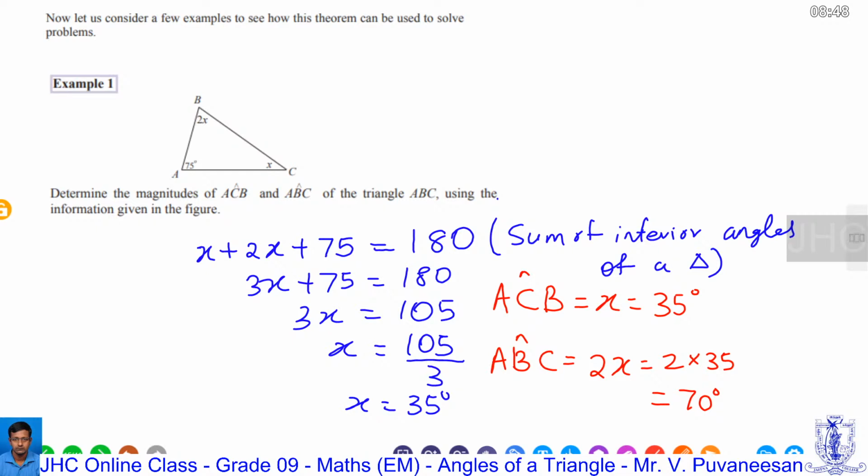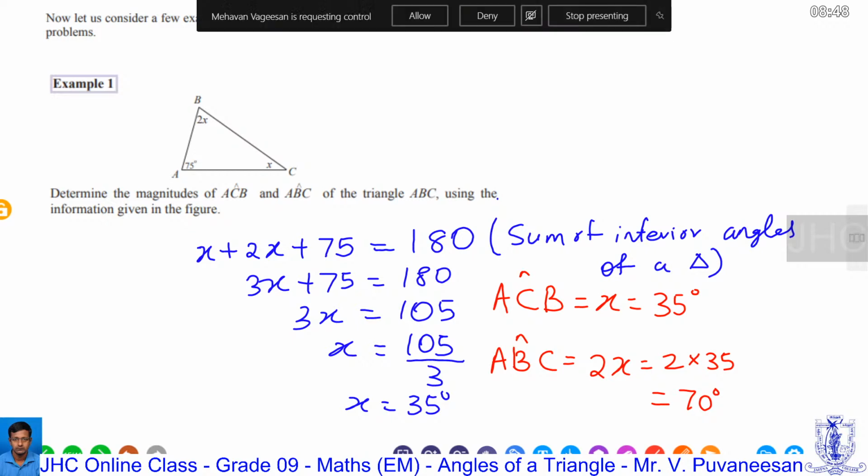You can check: 70 plus 35, 105 plus 75, 180. The sum of three angles becomes 180. Okay?